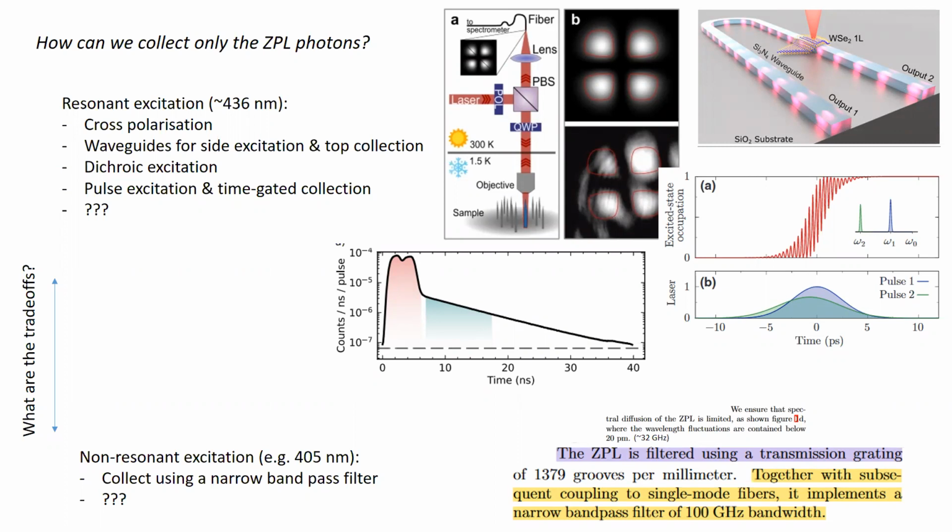You just need a small amount of scattering, which you always have. So off resonant filters can be more efficient, and you can do this sort of comparison, but yeah, it's system specific.